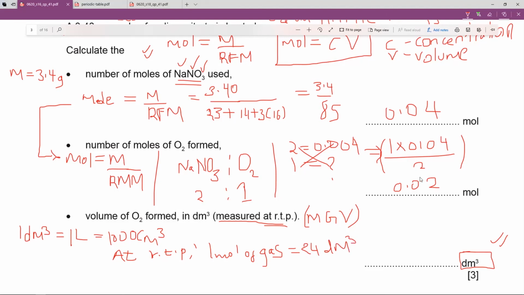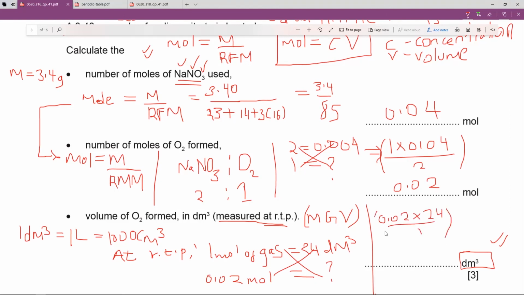Okay, so we have the moles of oxygen in the second part of the question, which is 0.02. So we want to check how much volume 0.02 mole of oxygen will give us. Then just like normal maths, we do cross multiplication. You end up with 0.02 multiplying 24, and then dividing by 1.